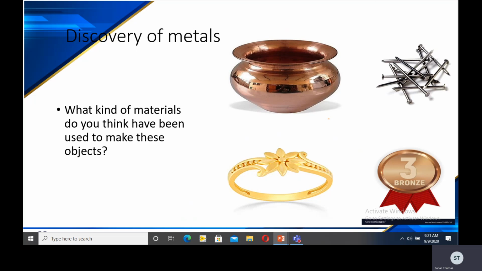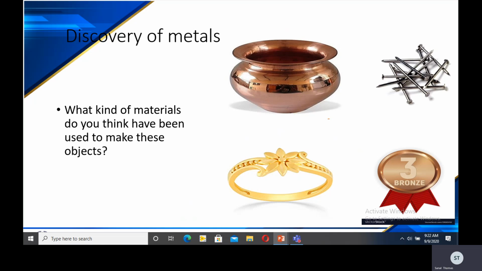Here you can see some metals, right? What are these things? The first one is a copper utensil, the second one is a gold ring, the third one is an iron nail, and the fourth one is a bronze medal.